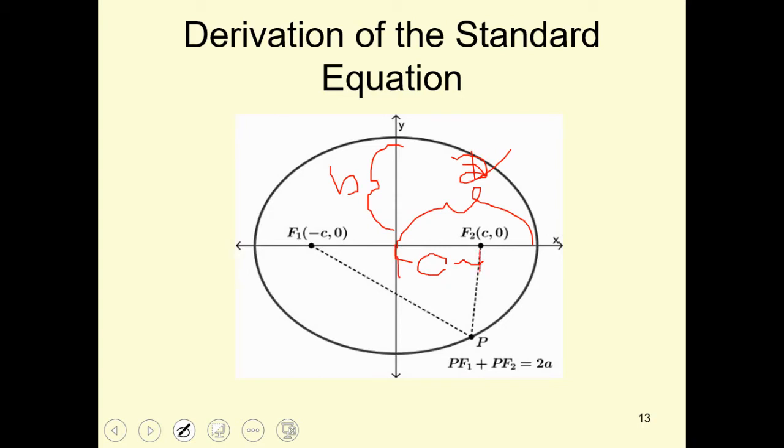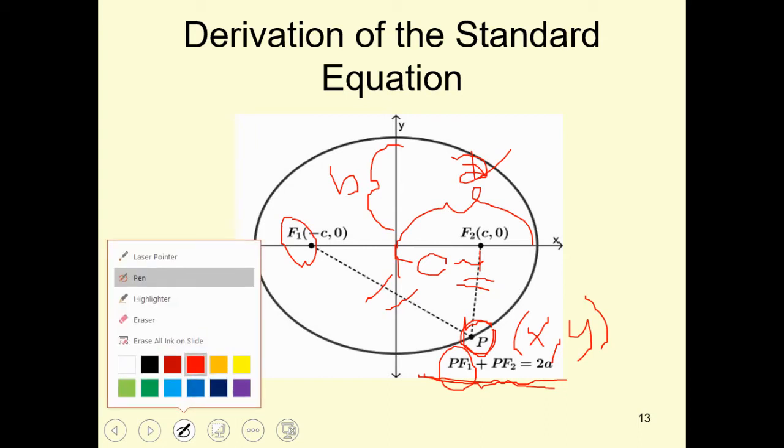Okay? And we have the point P along the ellipse. Atong pangalan nga point P with the coordinate X, Y along the ellipse. So, from atong observation ganina, ang distance sa PF1 plus the distance PF2 is equal to 2A.